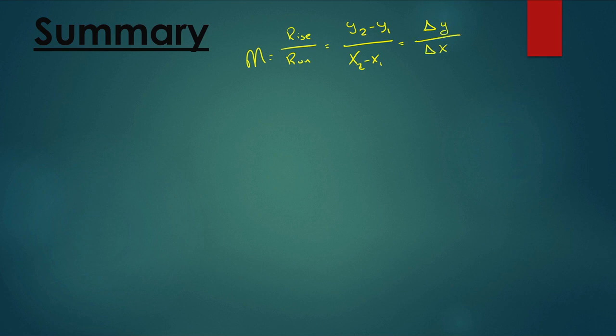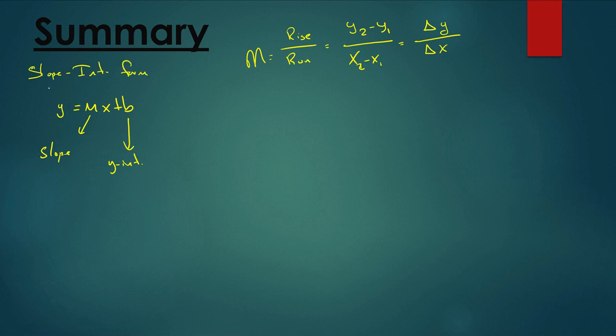We have two types of equations. We have y equals mx plus b, where m is the slope and b is the y-intercept, and this is what we call slope intercept form.